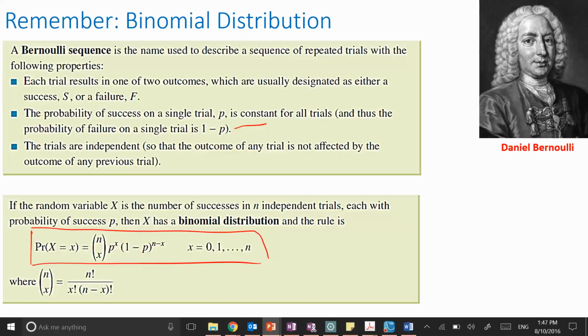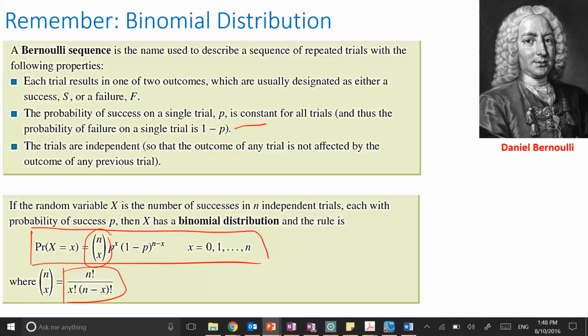And don't forget that nCx is a combination, the number of different ways you can arrange whatever you're looking for. So out of 5, if you wanted 2, how many different ways can I have 2 successes and the rest fail out of 5? That's just the combinations.